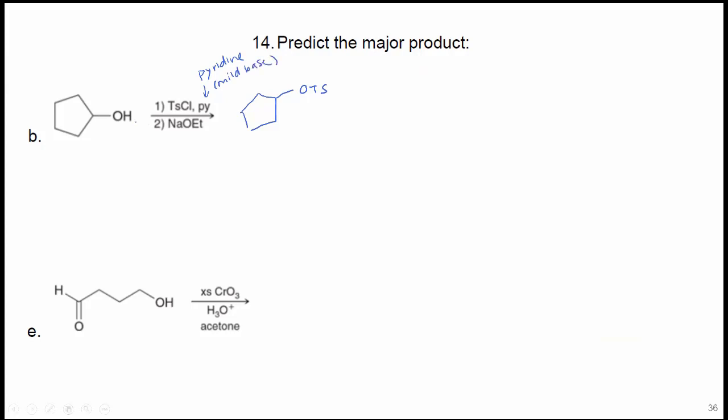And that just helps to push the reaction along. And sodium ethoxide here is a base or nucleophile. And if I remember correctly, this one reacts as both. So you could get an elimination product, or you could get the substitution product.